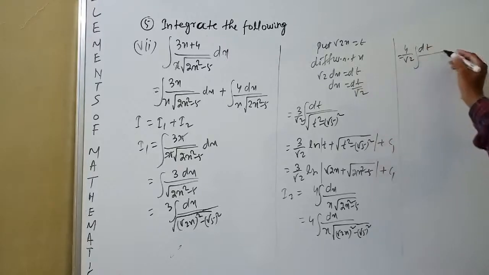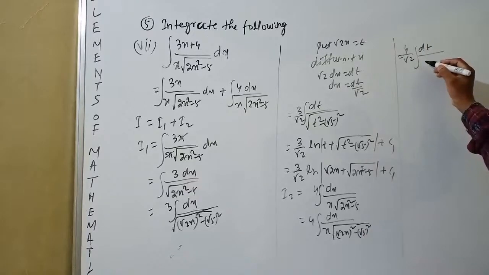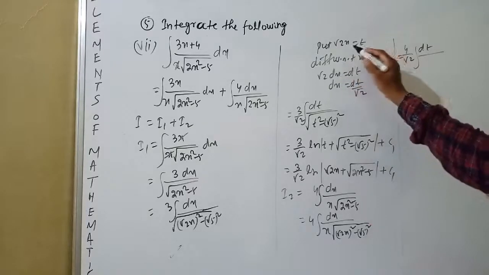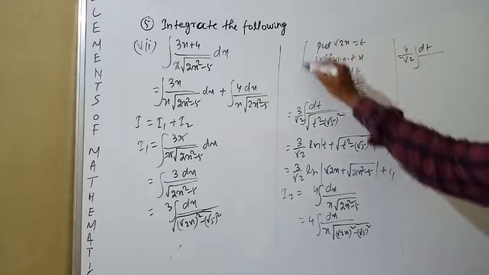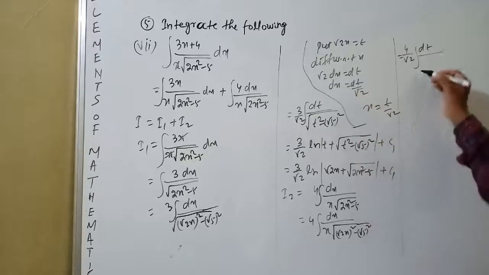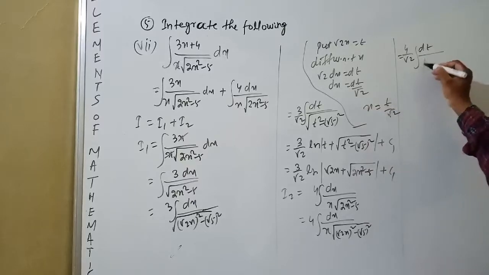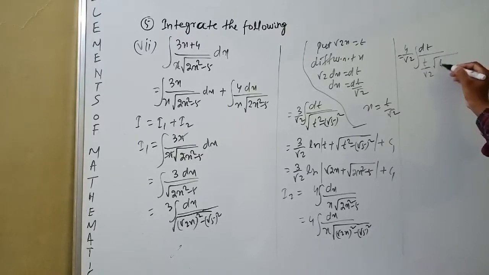Okay, dt by, here you say x is equal to how much, you find x is equal to t by root 2. Okay, same substitution required here and here. t by root 2, that means root 2 will go up, root 2 write down here, then root over t square minus root 5 square.